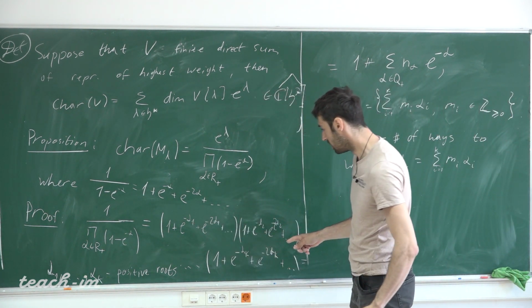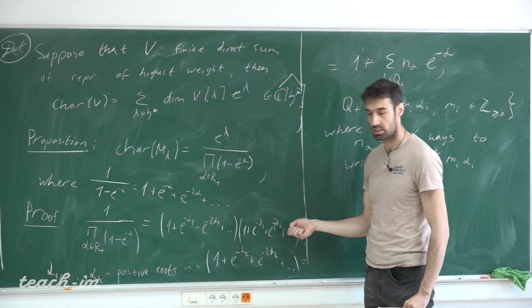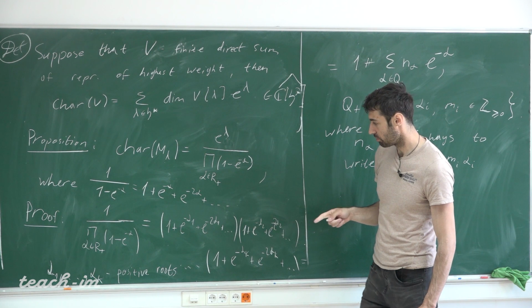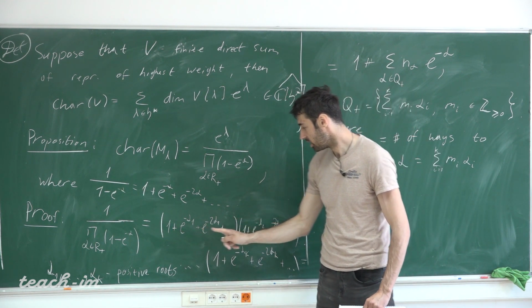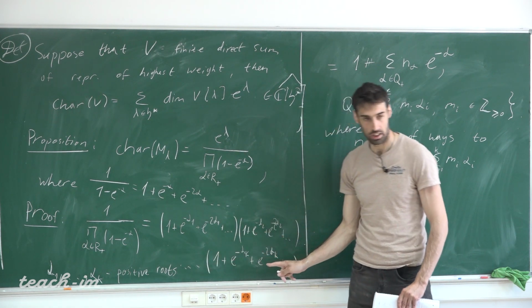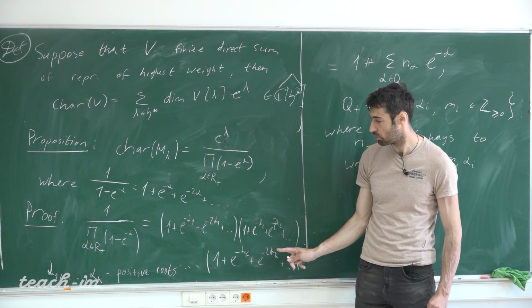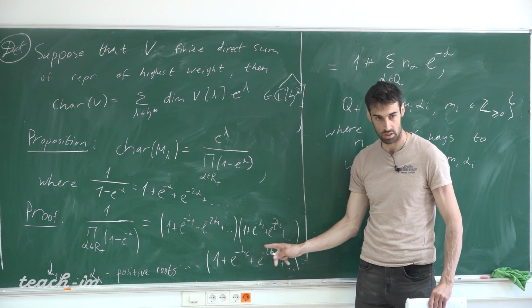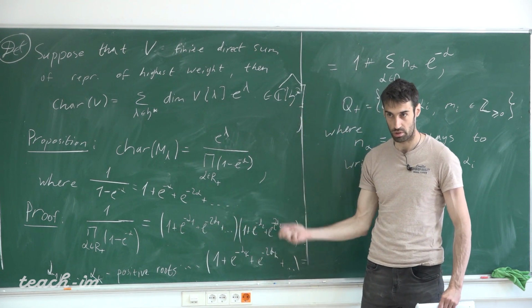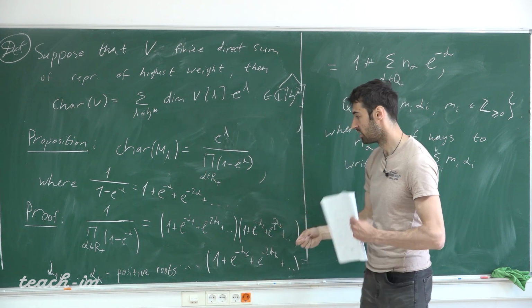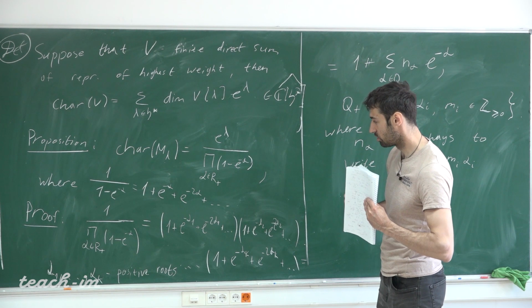Looking at this, how do you choose? You pick one term from each factor here in such a way that the exponents in these exponentials sum to this root.